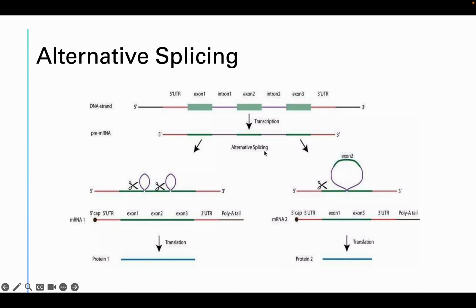As you see, they come from the same pre-mRNA, but the product is different. In one product you have 3 exons, in the other you have 2 exons. So the protein will also be different. In this way, one gene can code for different proteins based on splicing and other modifications as well.